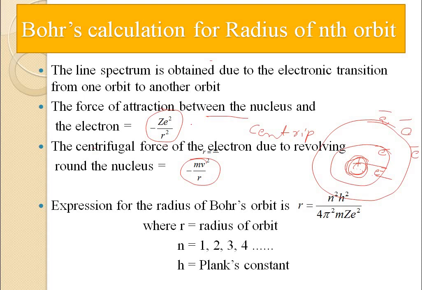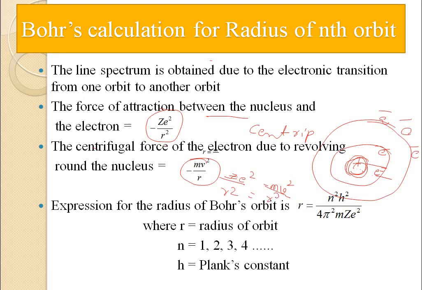So based on minus Ze square by r square and minus mv square by r, as equal forces are acting, the centripetal force is equal to the centrifugal force. So we can equate them: minus Ze square by r square is equal to minus mv square by r.